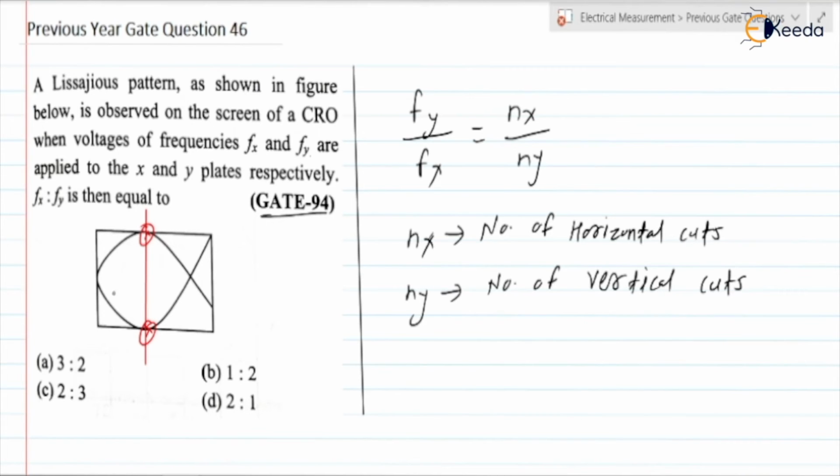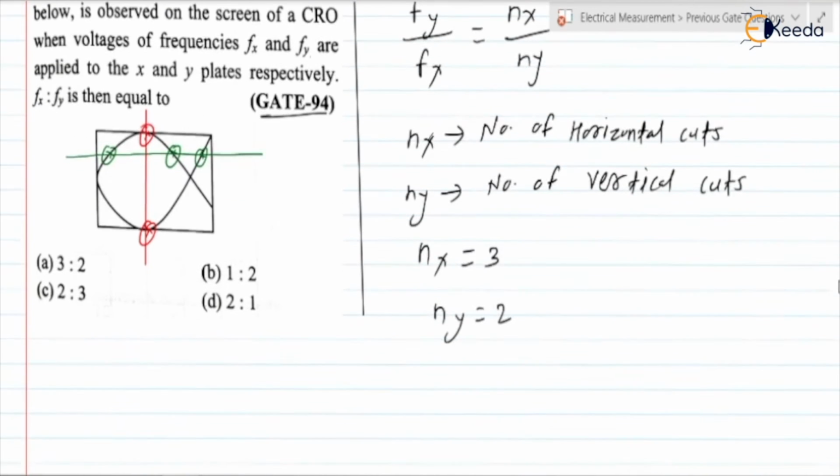And next, if we draw a horizontal line, the maximum number of horizontal cuts here will be, this is the first and this one is the second, okay, and also here it is the third, right? So we are having nx, that is the number of horizontal cuts, equal to 3, and the number of vertical cuts ny is equal to 2.